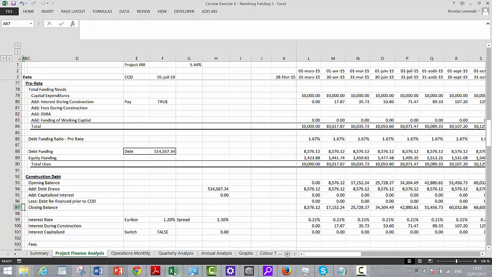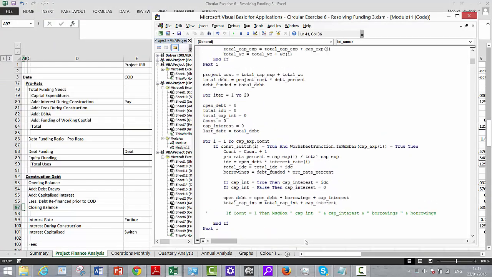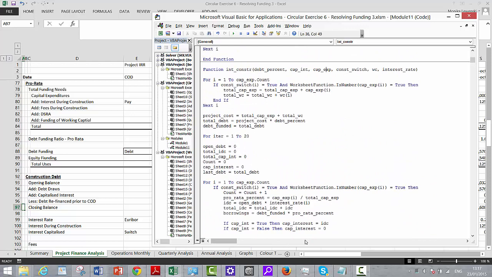Let's just look at the function for a minute. The function reads in the debt percentage, the switch for the capitalized interest. I should have called that a switch. The capital expenditure, the construction switch, the working capital, and the interest rate.